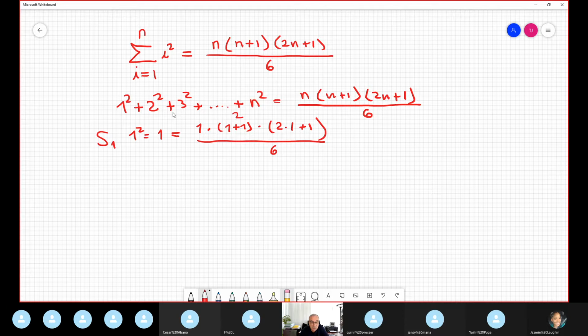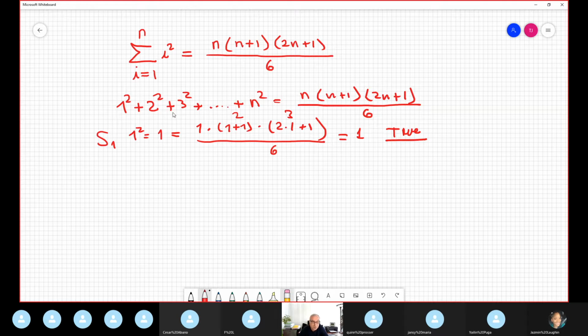This is 2, this is 3, 2 times 3 times 1 is 6, divided by 6 is 1. It's true. When x1 is not true, it's false, you try with 2 until you get one true. So the basic step is not necessarily always corresponded with 1. In this case, yes.